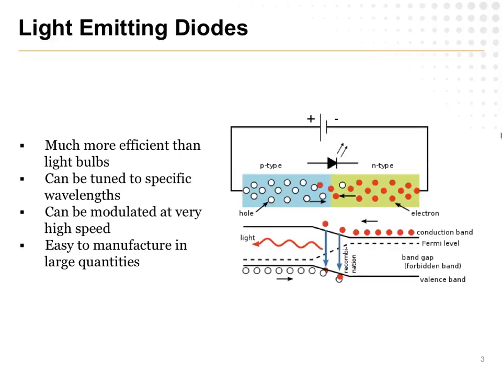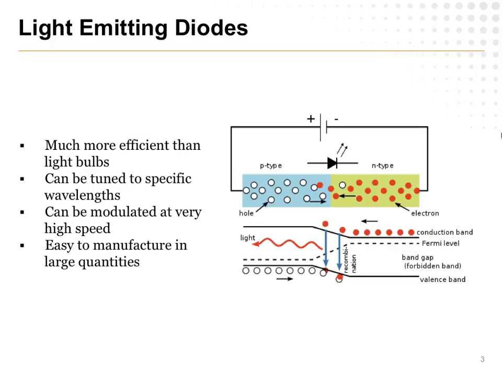I've seen them before. LED is, however, very special in that you can tune the wavelengths that they emit. If I want a blue LED, I just tune the band gaps just right, and I can get just blue photons coming out. So in principle, they're way more efficient than a light bulb ever could be.